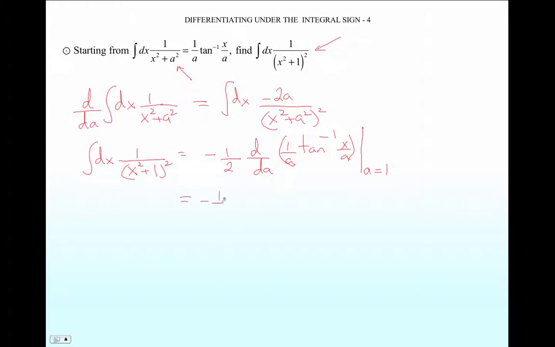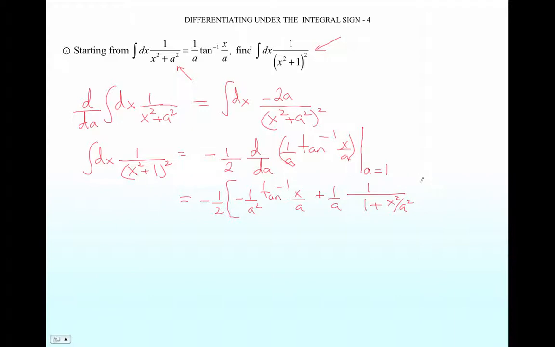So this is minus half, and now I'm going to differentiate 1 over a, which gives me minus 1 over a squared, tan inverse x over a. And then I need to differentiate tan inverse x over a. That gives me 1 over a. I write this as before. Then 1 plus x squared over a squared.